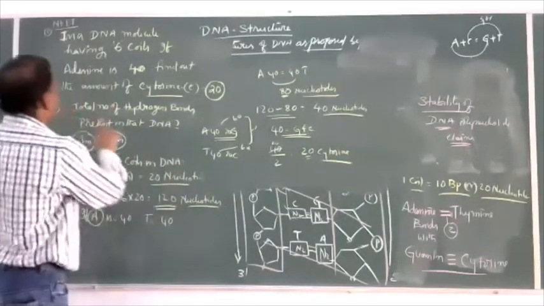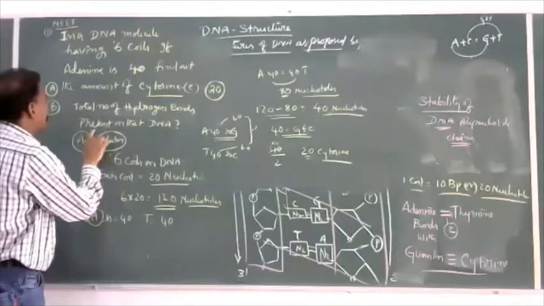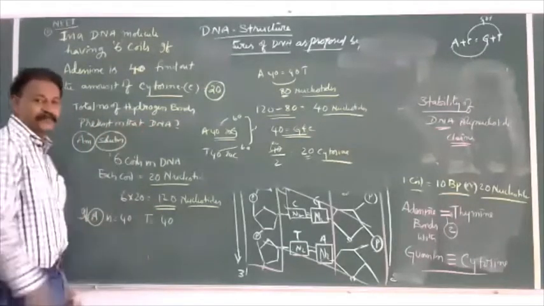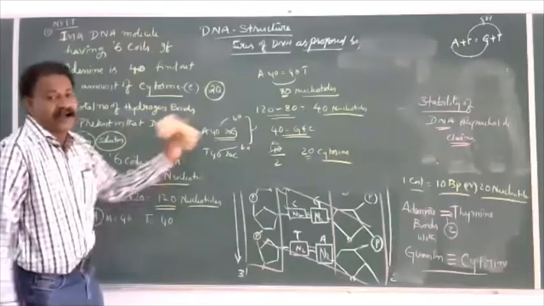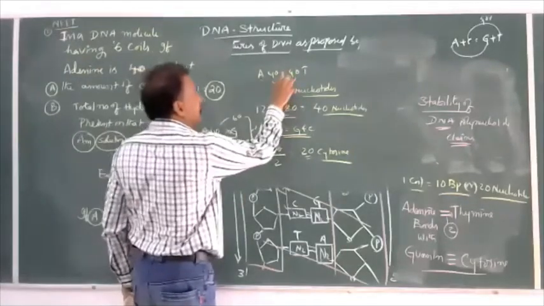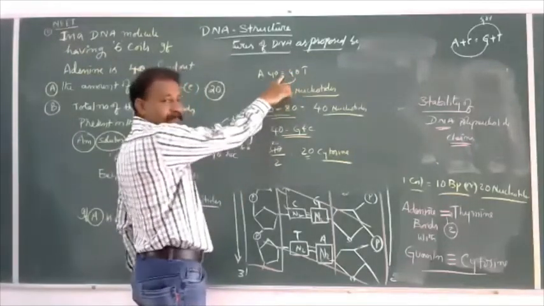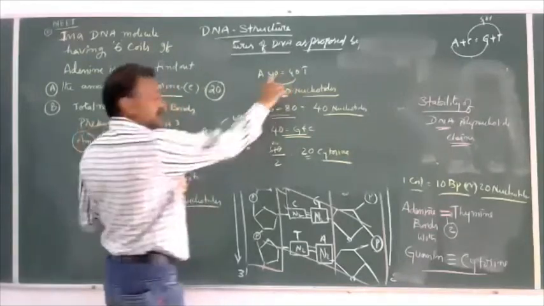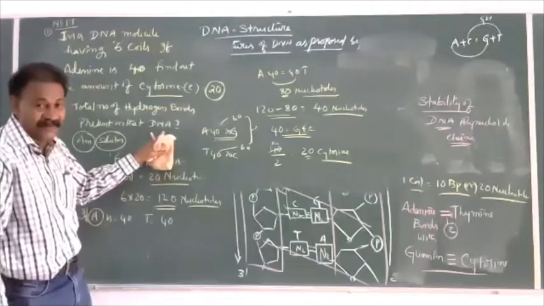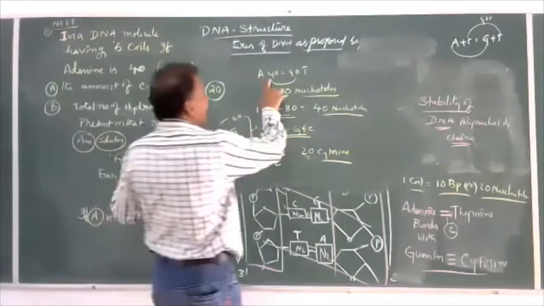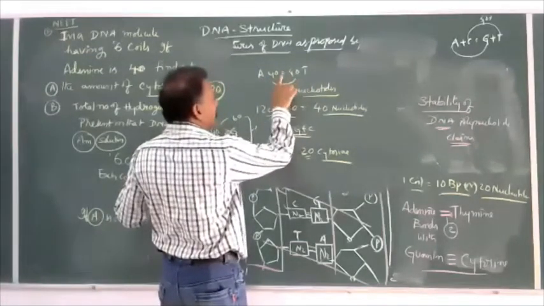Now second question, total number of hydrogen bonds present in that DNA. Always between A and T, 2 hydrogen bonds. Second question, my dear students. Total number of hydrogen bonds present in the DNA. Always A bonds with T with 2 hydrogen bonds.